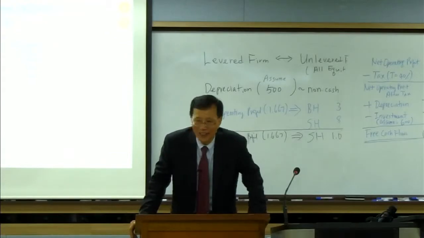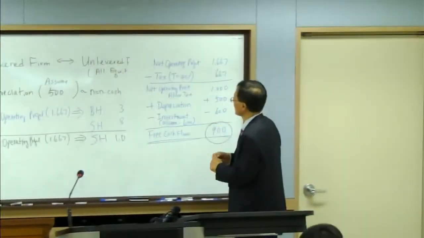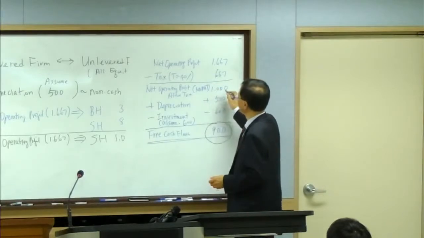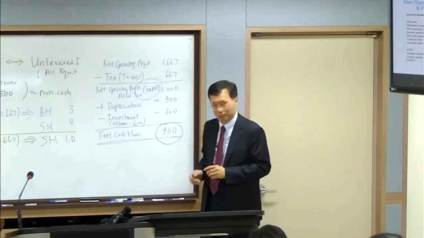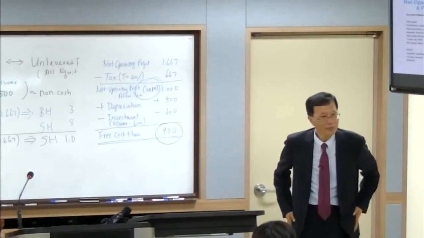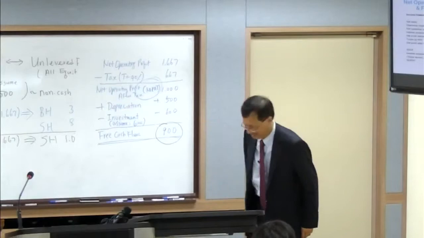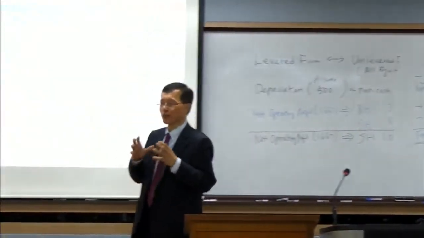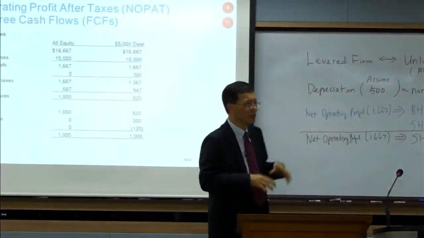By Wednesday, you are supposed to find net operating profit after tax, so-called NOPAT, and free cash flows for the past 3 years. Free cash flow to the firm. Kwang Yi's question was about free cash flow to equity holders versus free cash flows to the firm, and I am teaching you only free cash flow to the firm.